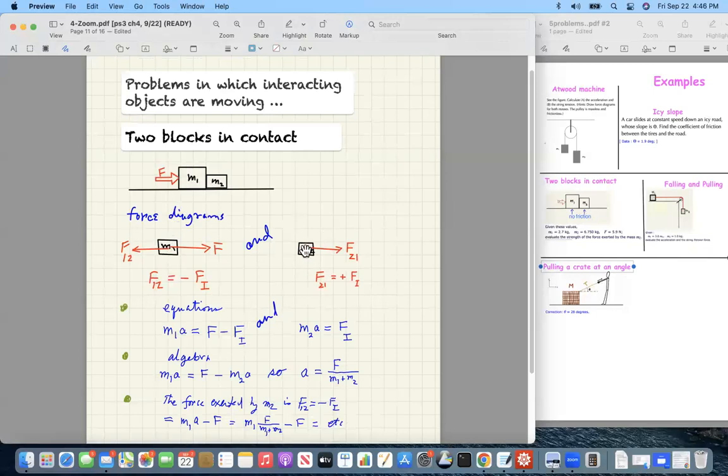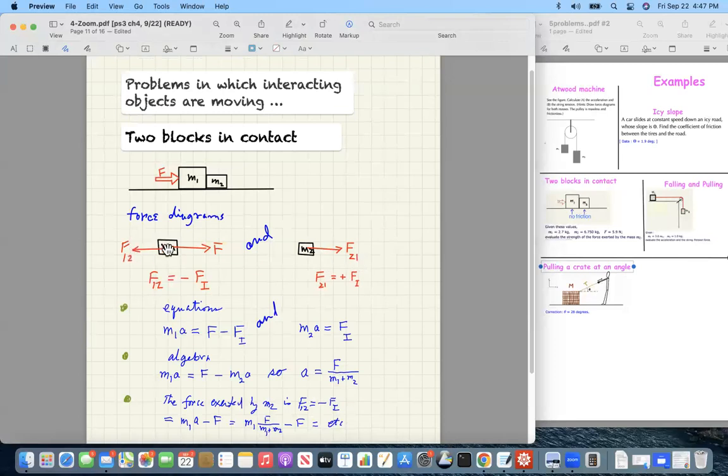And the force diagram for M2, well, I'm only analyzing the horizontal forces because the vertical forces are sort of irrelevant since these two masses won't move vertically. What's the horizontal force on M2? Well, it's the contact force exerted by M1. So the force on M2 is F21, force acting on 2 exerted by 1.